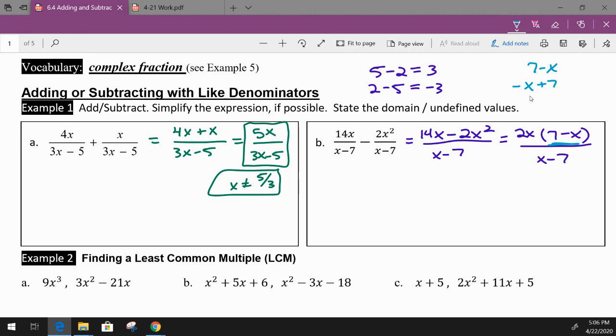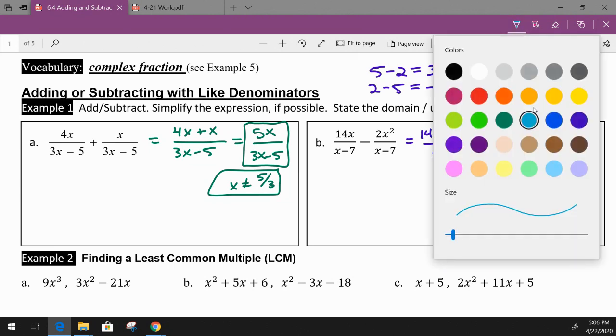I've just put them in a different order. At this point, I would then factor out a negative 1. So if I factor out a negative 1, both signs are going to change. So the x becomes positive and the 7 becomes negative. So now that negative 1 would have to be multiplied with the 2x that's already out in the front. So let me change it back to my purple.